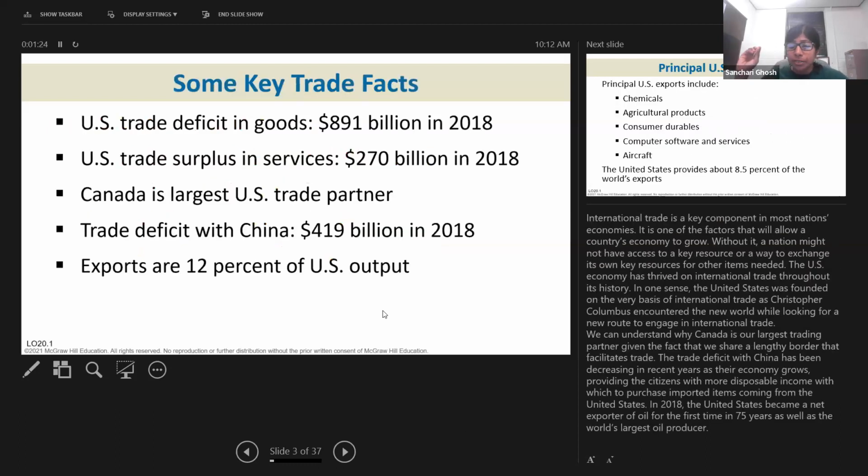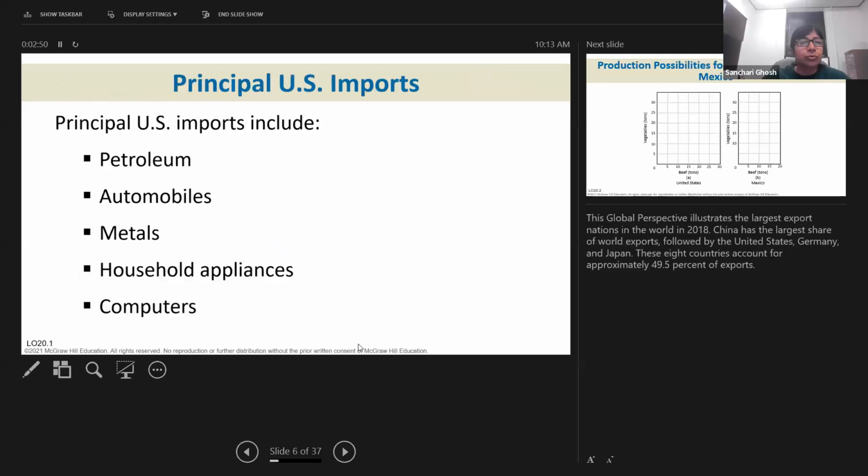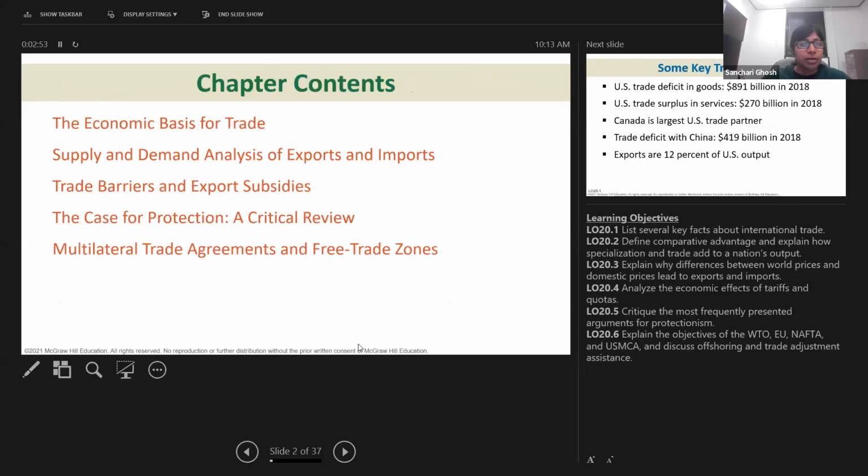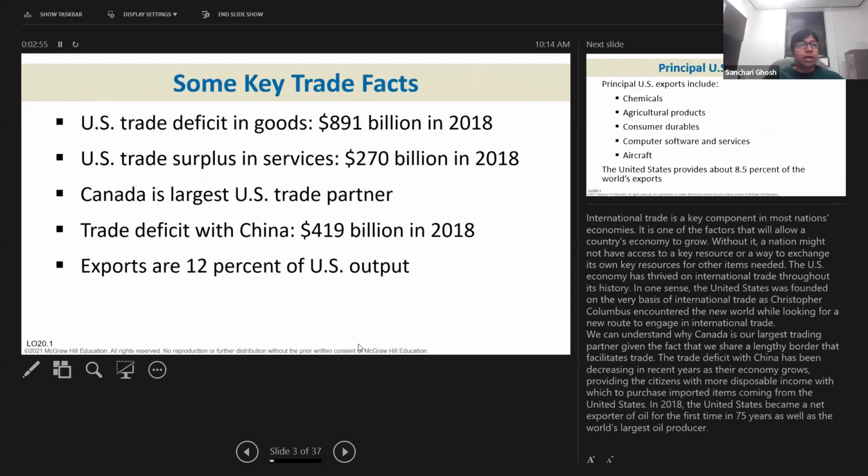So some snapshots of what we are doing here. I wanted to bring some of the other slides in here, but I guess I will just continue with some of these things we are seeing in trade. One of the things, of course, are what is trade deficit and trade surplus.